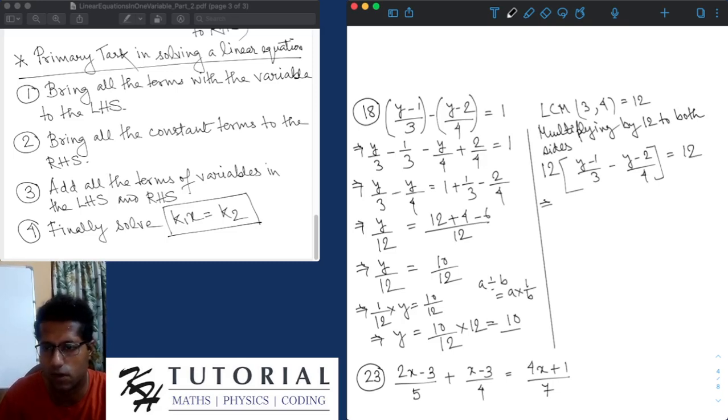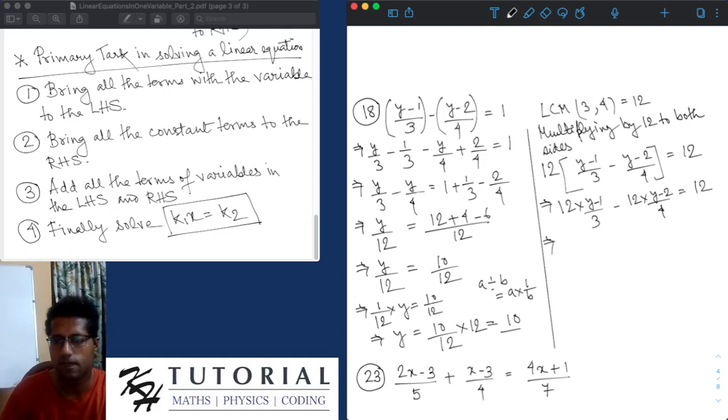Now if we do the product, in the LHS it becomes 12 into y minus 1 by 3 minus 12 into y minus 2 by 4 equals 12. Now this implies 3 divides 12, and 4 divides 12, so this becomes 4 into y minus 1 minus 3 into y minus 2 equals 12.